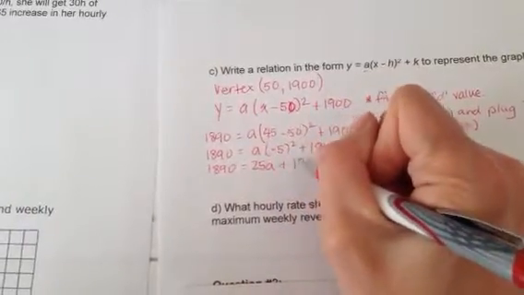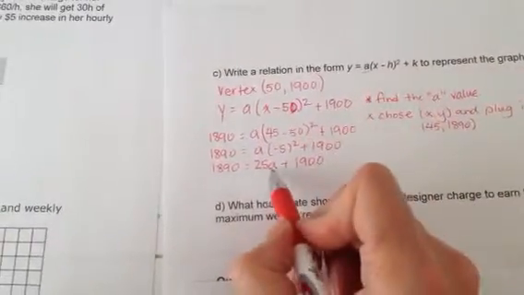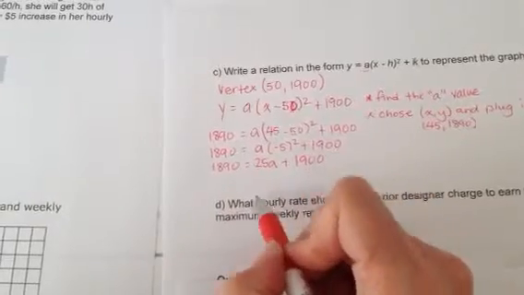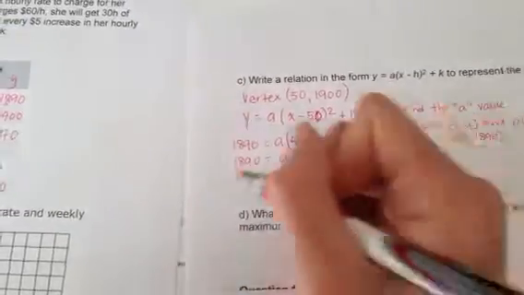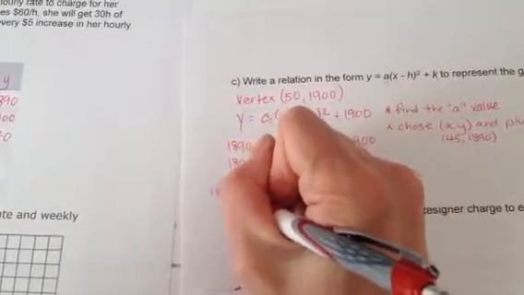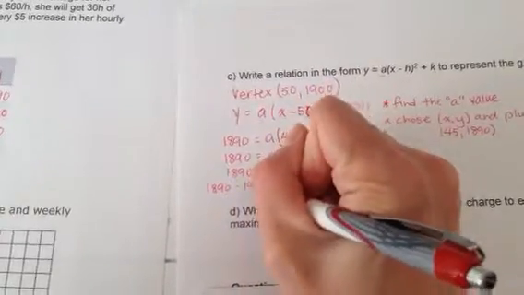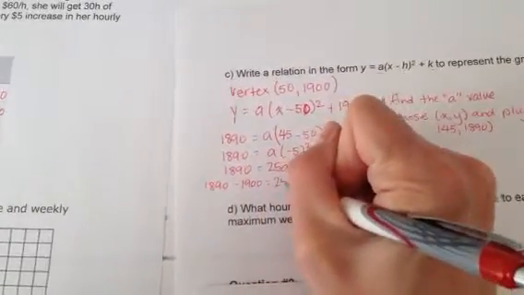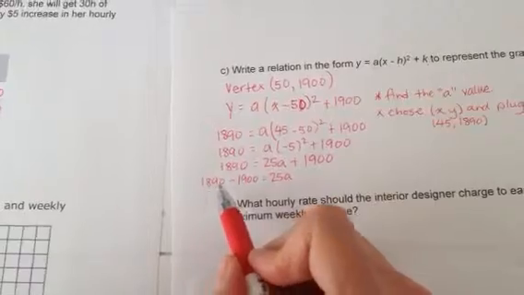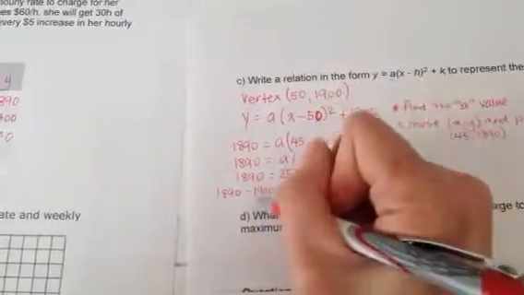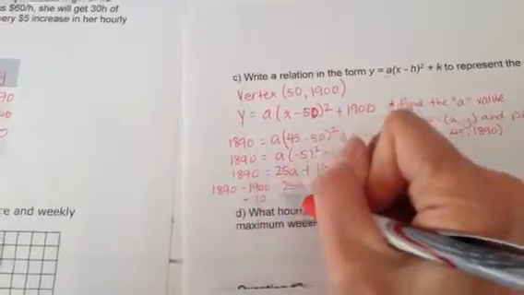So 25a plus 1900. We want to figure out what that a is. We have to move the 1900 over to the other side. If we move it to the other side, it becomes negative. 1890 minus 1900 is -10.